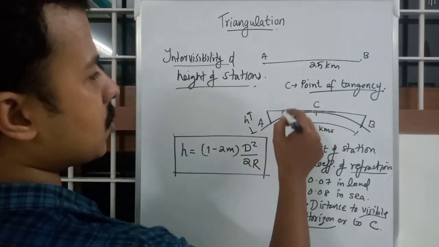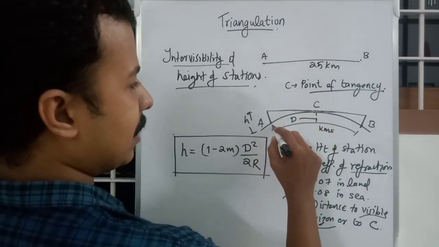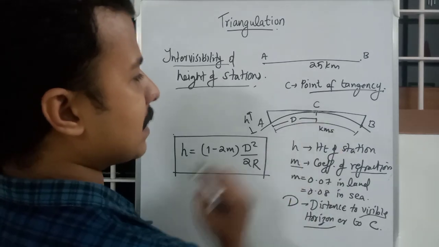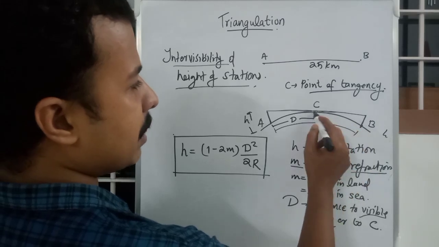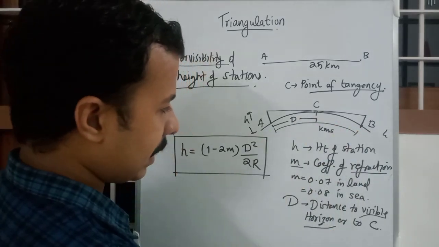So D is this distance. If you are considering station A, the height of station A, D is the distance from station A to C. If you are considering H of station B, then the distance will be CB. So that is capital D.